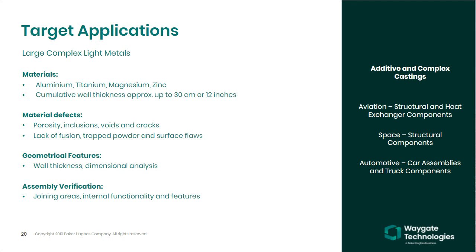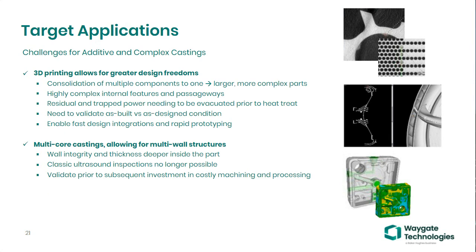Just to go into a little bit with additive and the complex castings, which is also how a lot of you answered that question. 3D printing allows for greater design freedom, so a lot of these components are really complex inside as they're consolidating multiple components from a previous life.